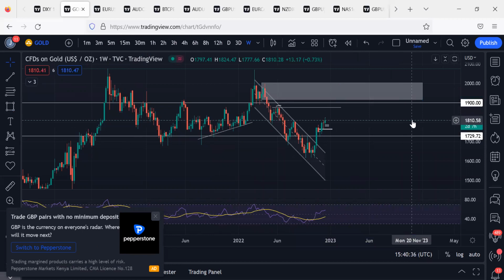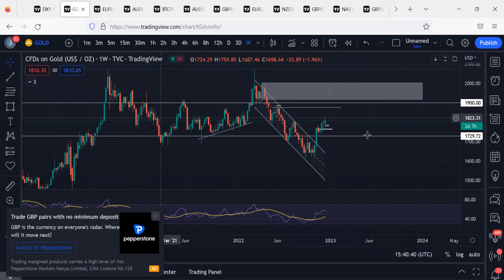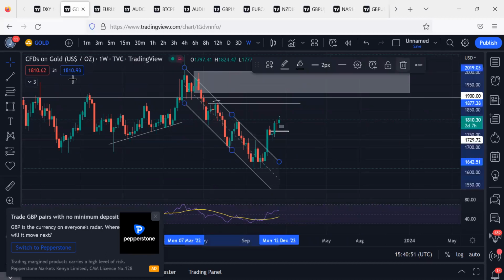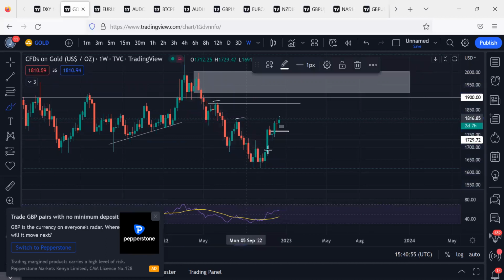You can do your other analysis and see that we're able to analyze on the weekly time frame. Let me take these guys off. This guy has broken structure already, changing the weekly character to bullish.